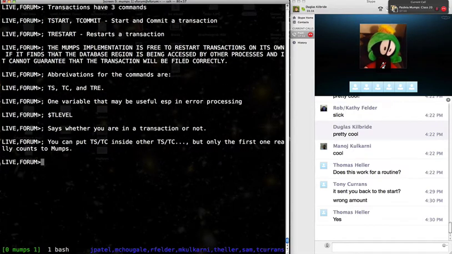So essentially, if the first one doesn't complete, your children do not complete. And every time you add a little transaction, your $TLEVEL is going to be incremented by 1. So $TLEVEL starts off at 0 when there's no transaction. Then it becomes 1 when you do your first transaction, then 2 and 3 and 4 and so forth.